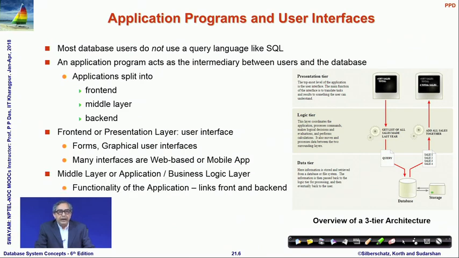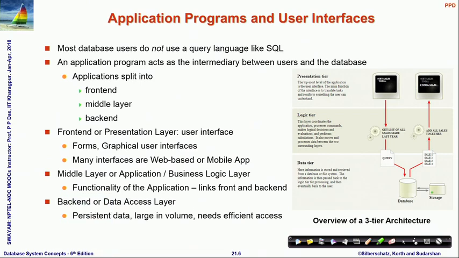Then we have a middle layer, also called the business logic layer or the application layer, where the functionality and desired behavior of the application are coded, and it acts as a link between the front end and the back end. And what is the back end?